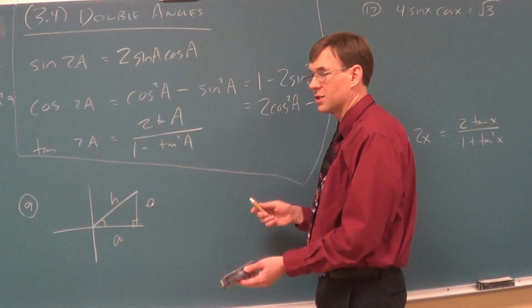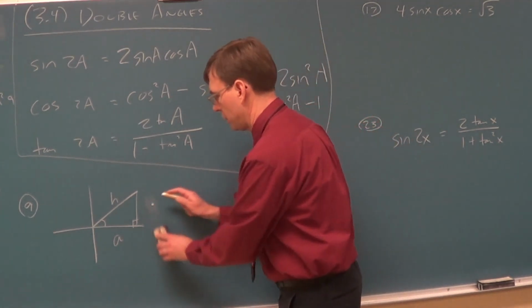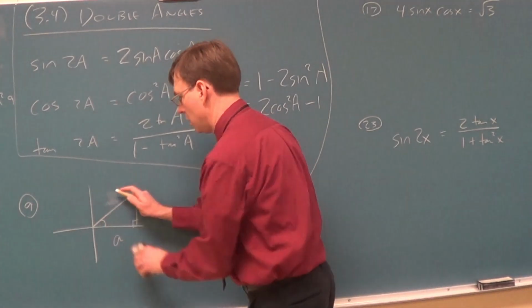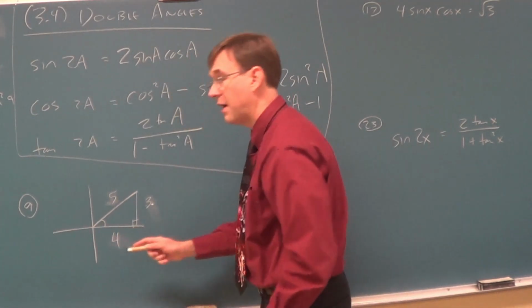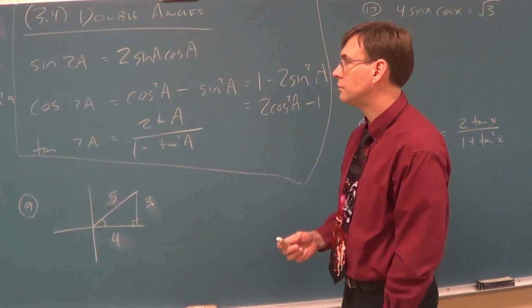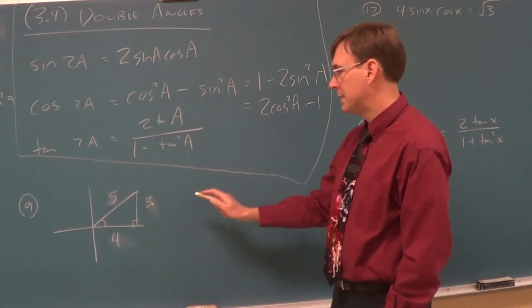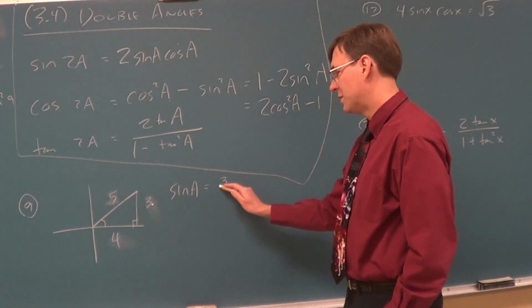So if sine is 3/5, who's the 3? Yeah. Who's the 5? H. Who's the A? 4, because 3, 4, 5 is our triple. What we're going to need to run these properties is to identify what is the sine of A, which is 3/5.